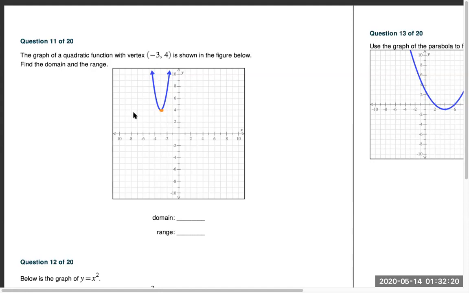For the domain, let's do that in pink, and then the range, let's do that in green. So remember, the domain covers all the x values that are defined for your function. What I want you to notice for this particular question, you have an arrow up top right here, and you have an arrow up top right here.